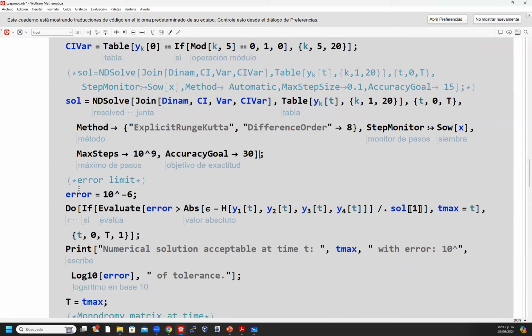This is nice because the system is Hamiltonian, and we can verify the efficiency of your method if you take the difference between the original energy, which in this case is minus 1.4, and the Hamiltonian evaluated at every time.